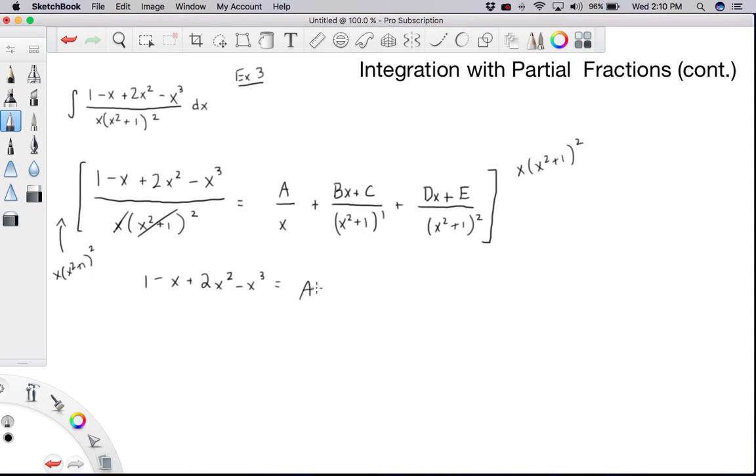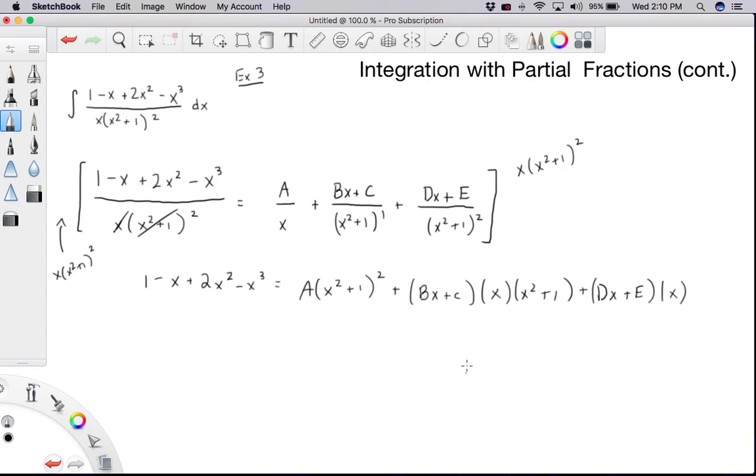That's going to equal a times x squared plus 1 squared plus bx plus c times x squared plus 1 plus dx plus e times x. Okay, so this step should be the same as last time. Nothing really changed.